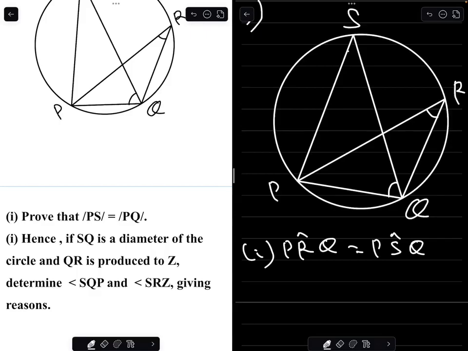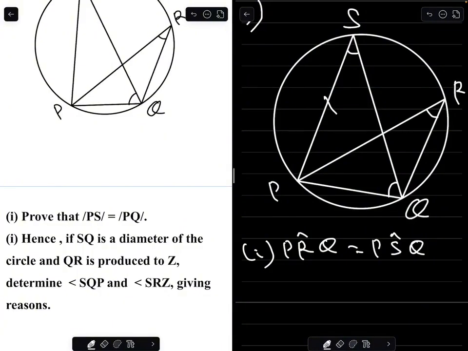So that means this angle is also equal to this angle. And what that also means is this angle will also be equal to this angle because this angle and this angle are equal. So I can now see that angle PSQ is equal to angle PQS. And if a triangle has two equal angles, it means it's an isosceles triangle. And that means it has two equal sides.